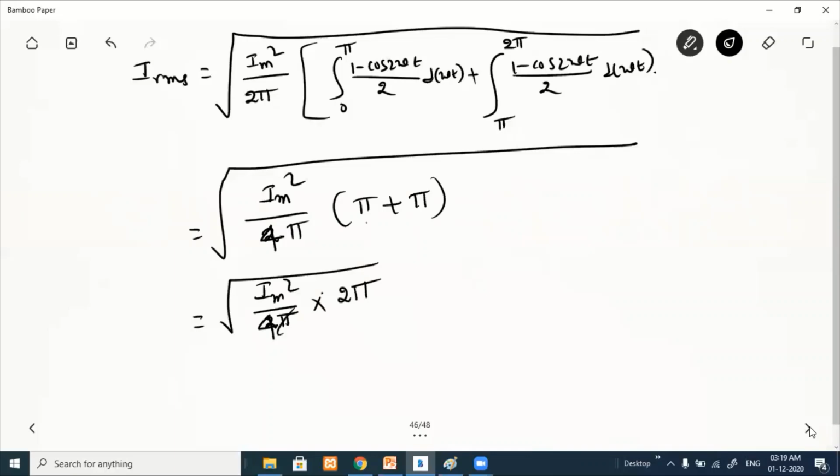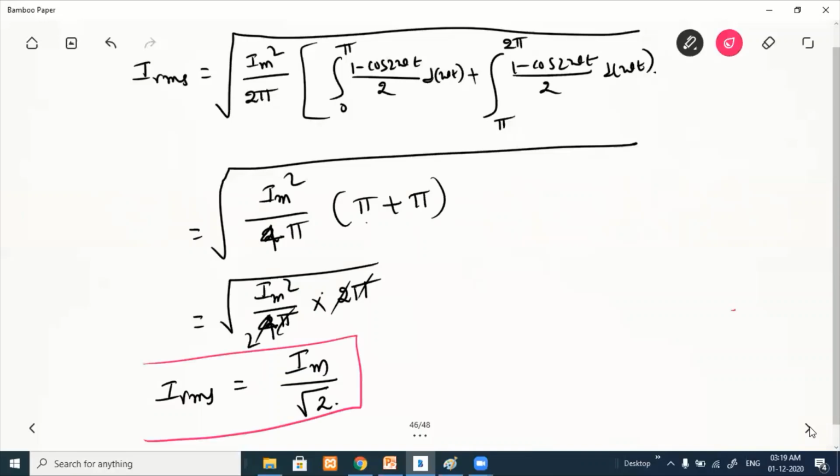So this pi cancels and it is 2. So our IRMS equals Im by root 2. That is the final expression for IRMS. This represents the magnitude of the AC component present in the output of the rectifier.